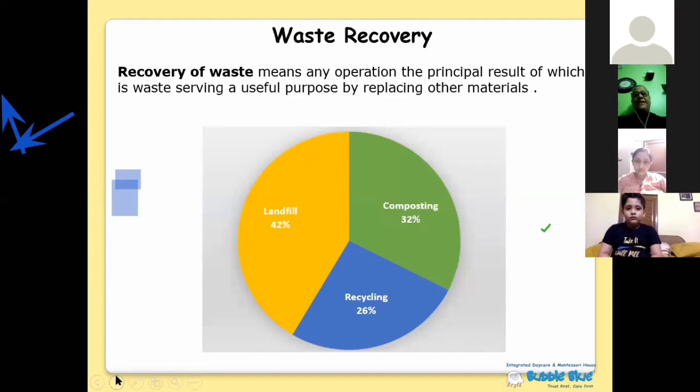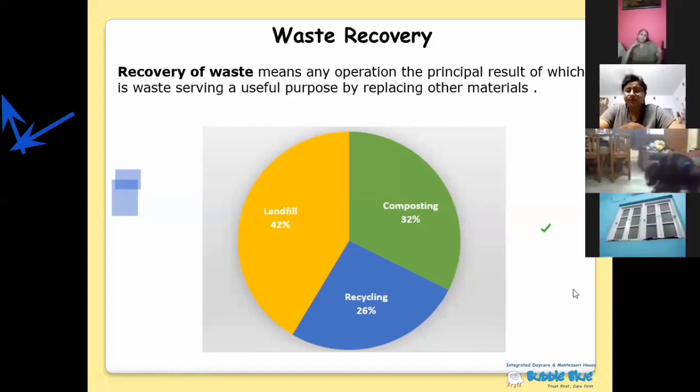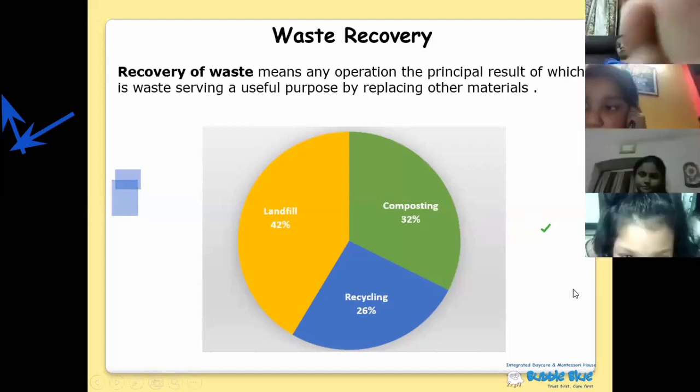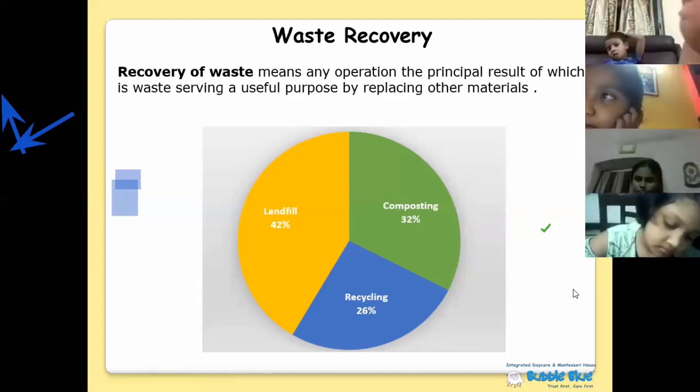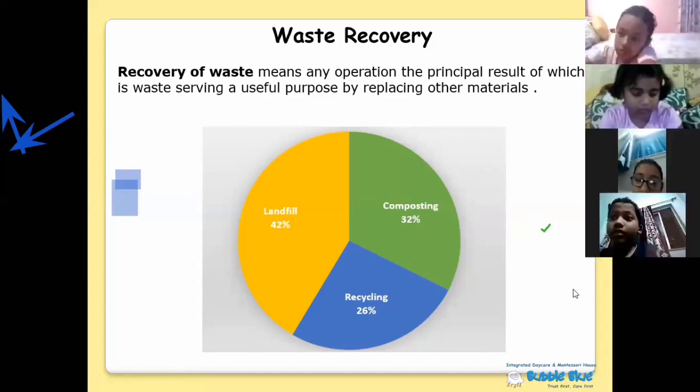Waste recovery. From waste, how much do we recover? Recovery of waste means any operation, the principal result of which is the waste serving a useful purpose by replacing other materials. So through landfill, filling up of land with waste materials, it's 42%.